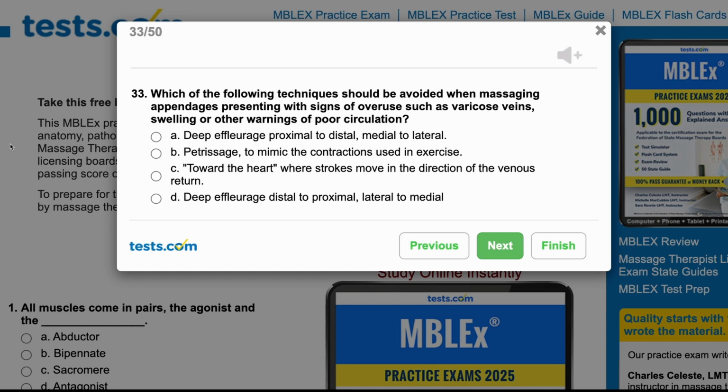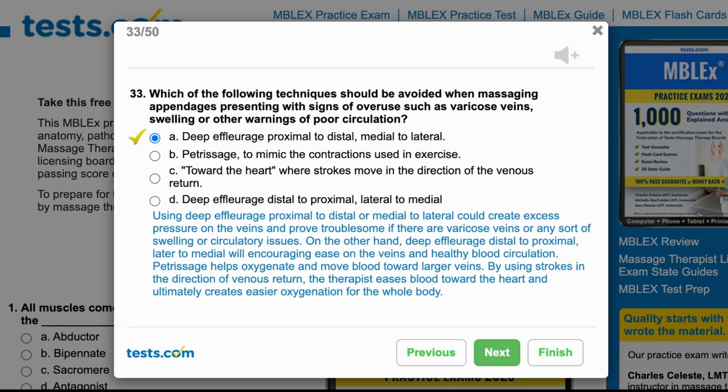C, toward the heart, where strokes move in the direction of the venous return. D, deep effleurage distal to proximal, lateral to medial. A, deep effleurage proximal to distal, medial to lateral. Using deep effleurage proximal to distal or medial to lateral could create excess pressure on the veins and prove troublesome if there are varicose veins or any sort of swelling or circulatory issues.